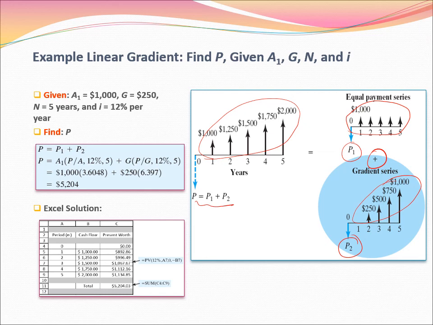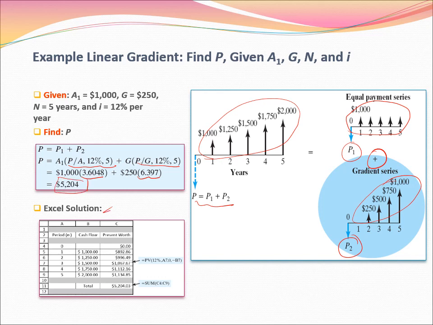And if you do the calculation, this factor over here is 3.6048, and the factor for the second part is 6.397, and the present value will be this much.